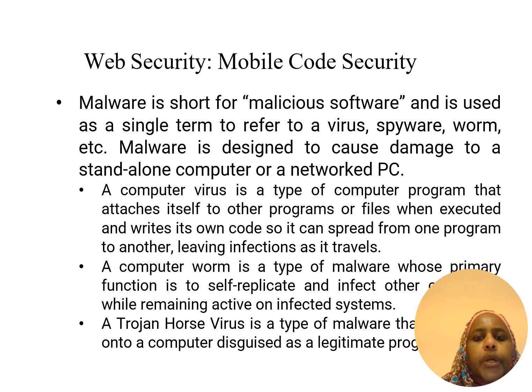A computer worm is a type of malware whose primary function is to self-replicate and to infect other computers while remaining active on the infected systems, replicating itself more and more, crippling the system that it exists on.